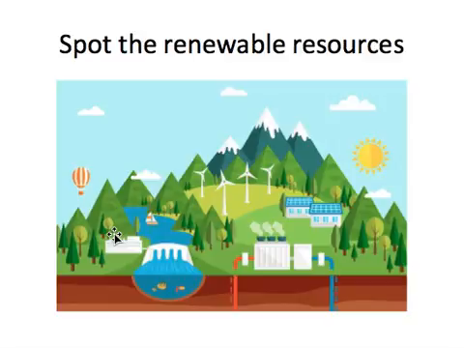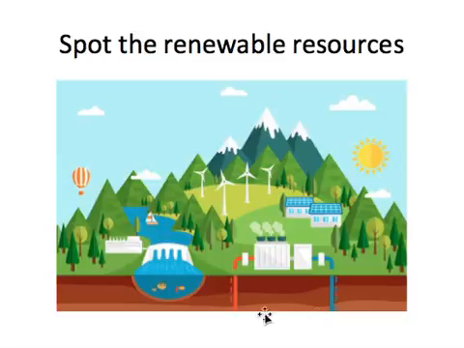Okay, in this picture, we're going to finish up talking about resources. I want you to look in this picture and see if you can spot some renewable resources. All right, so in this picture, I am seeing the sun. That's a renewable resource.